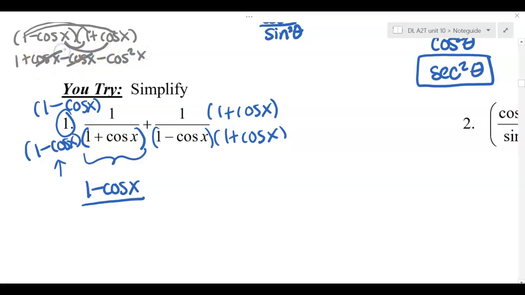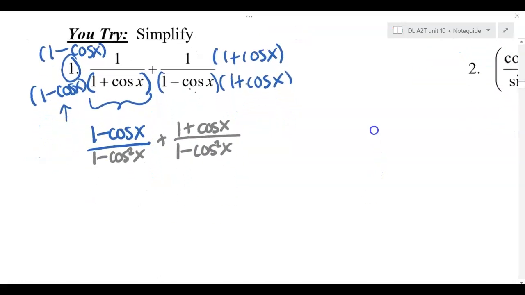These 2 terms will cancel out, and notice we get a 1 minus cosine squared x. And then we're adding that with the second fraction, whose numerator will be 1 plus cosine x. The multiplication in the denominator is the same, so it will also get 1 minus cosine squared x.